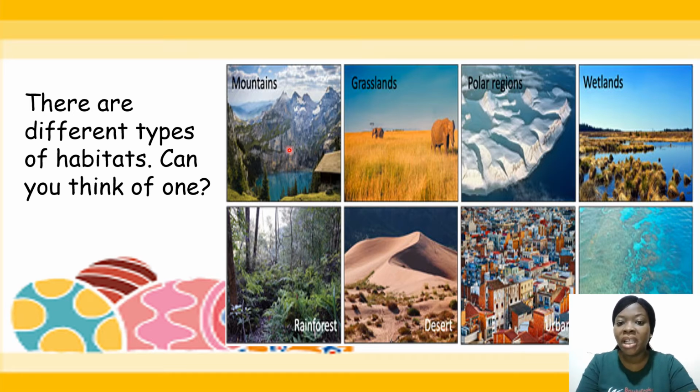This is mountainous. This is icy. As you can see, we have some snow and ice all over. And here we have wetlands. Here we have the rainforest, the desert, and the urban habitats. All these are different types of habitats where you can find different animals, different people, different plants living and growing together.